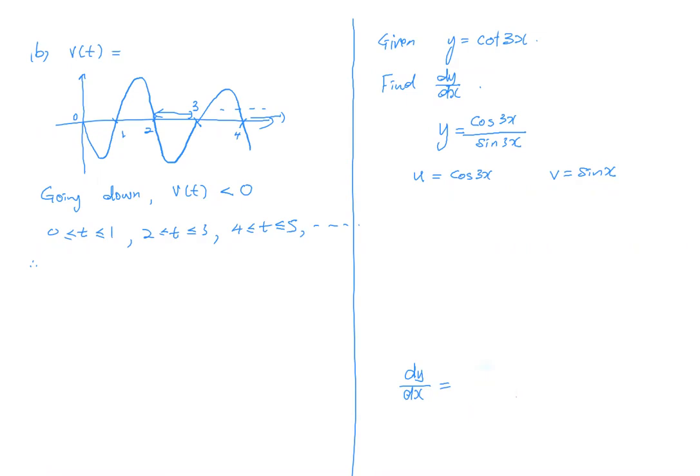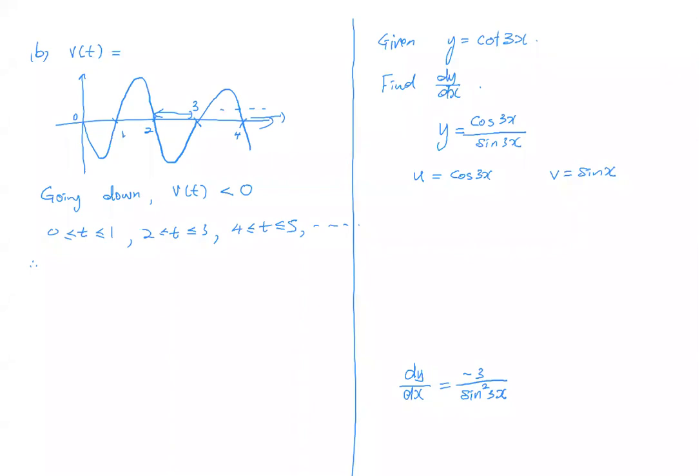Miss, is it negative 3 divided by sine square 3x? Okay. Your answer is negative 3 divided by sin square 3x. Let's prove it. See whether it is correct or not.